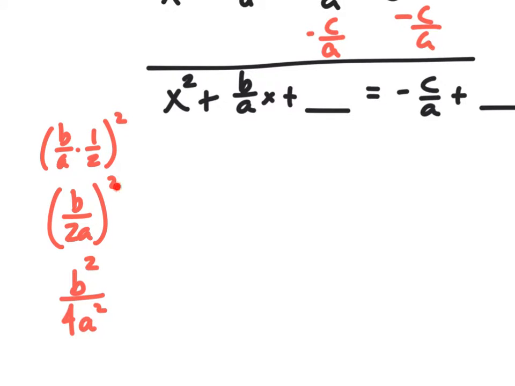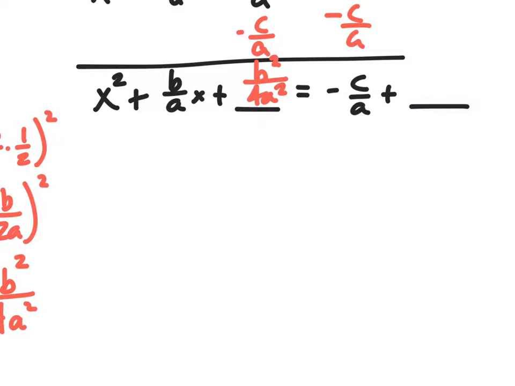I just took b squared, 2 squared, and a squared. So this is the number that goes in the blank, b squared over 4a squared, and the same thing over here, b squared over 4a squared.